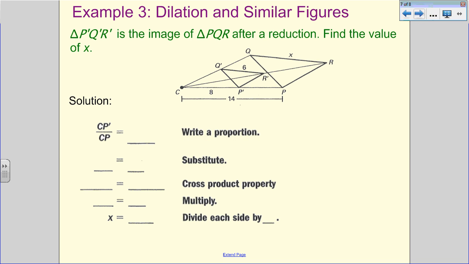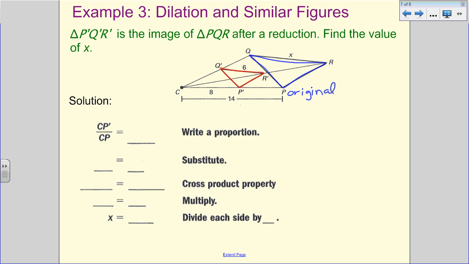And if we take a look at example 3, we have the image after a reduction, and now what we want to do is find missing segments of that. So I've got this original triangle PQR. This is my original. And some scale factor has been applied, and I now have an image, P prime, Q prime, R prime.